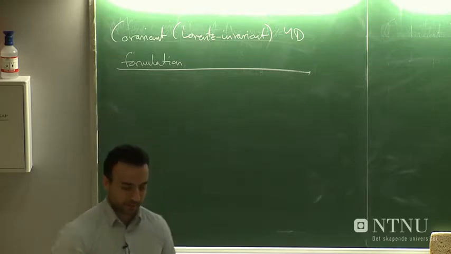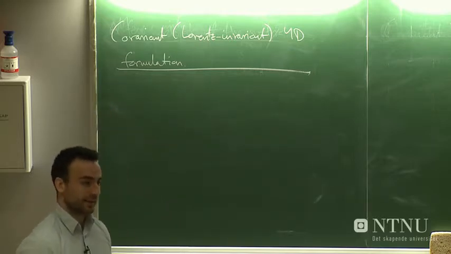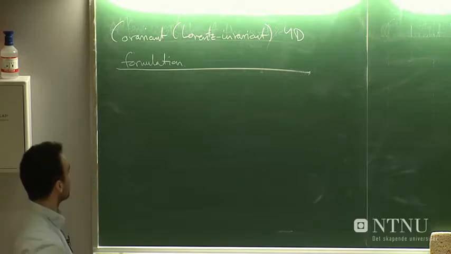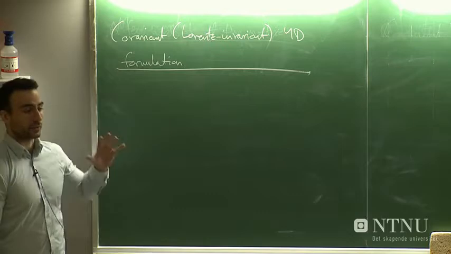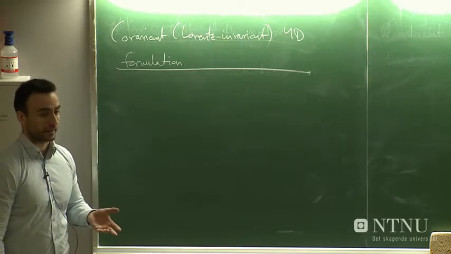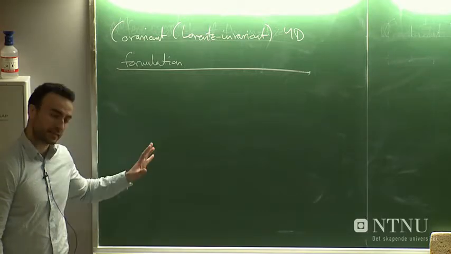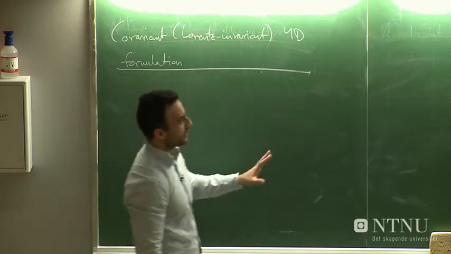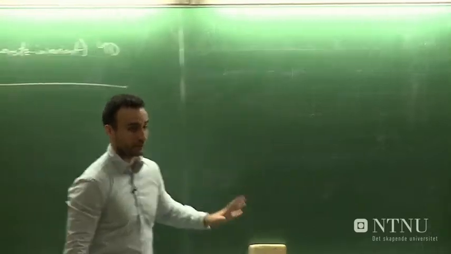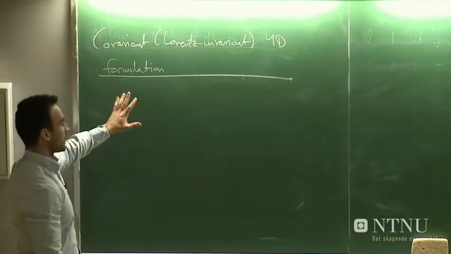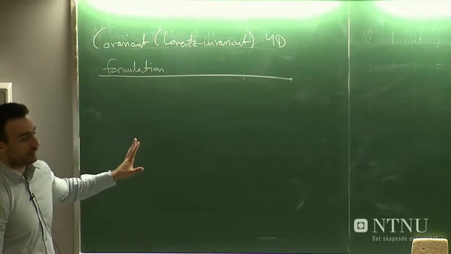And perhaps somewhat unfortunately, the terminology in this field is such that Lorentz invariant, another word that is used for it, is also covariant. But this covariant has nothing to do with the covariant and contravariant vectors that we introduced here. So that's a bit unfortunate. So we may think of this as Lorentz invariant, if you will.